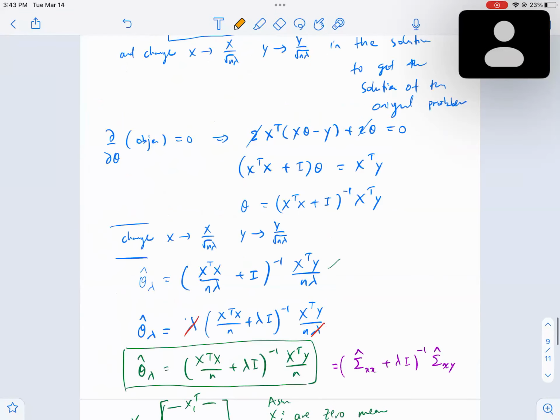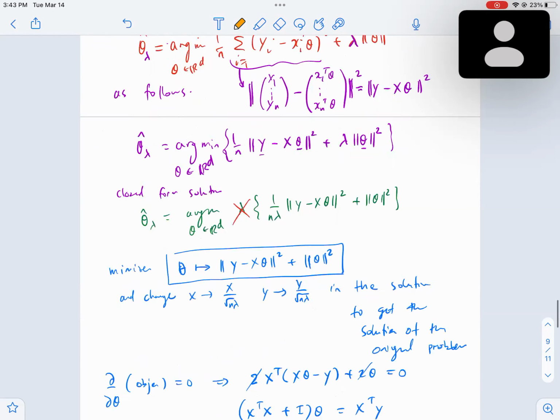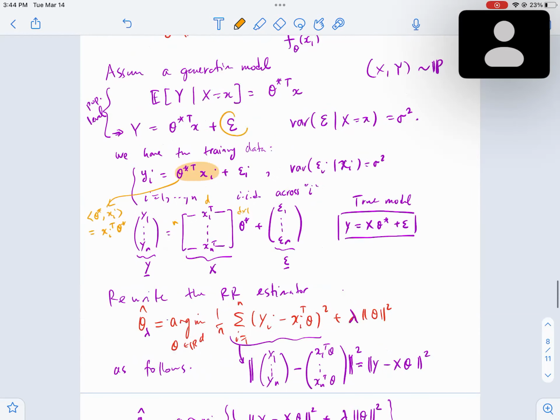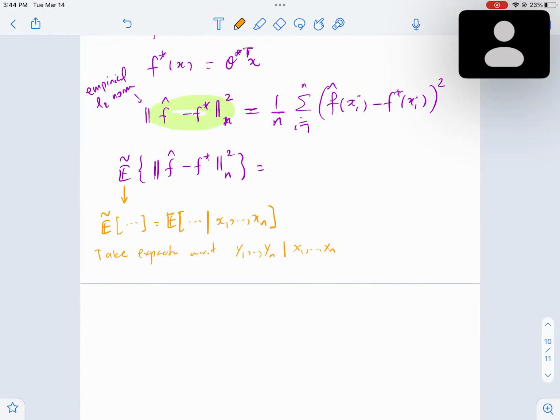Basically, I'm going to average over these conditional distributions, the noise given x, not over the x's. So that's what I want to calculate: the expectation conditional on the training x's of this quantity, and this turns out to have a closed form solution.